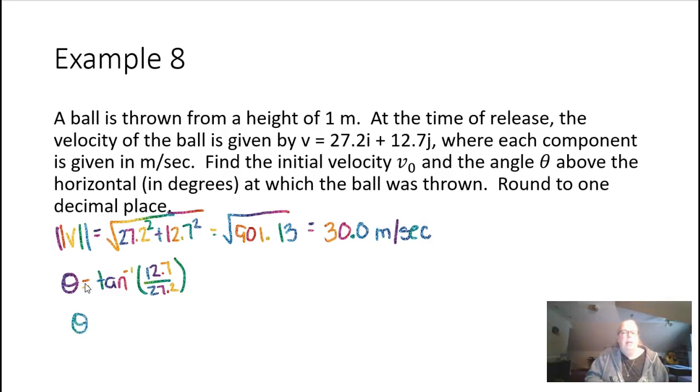When we put this into the calculator and round to 1 decimal place, we get 25.02, but again, we're rounding to 1 decimal place, so we're looking at 25.0 degrees.